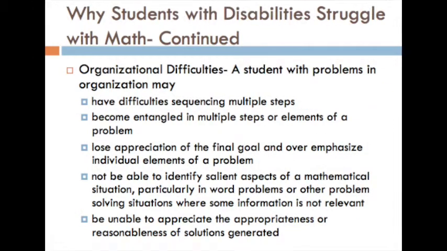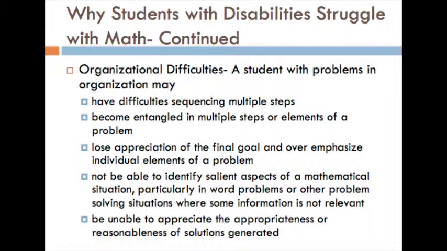Organizational difficulties. A student with problems in organization may have difficulties sequencing multiple steps. They may become entangled in multiple steps or elements of a problem. They may lose appreciation of the final goal and overemphasize individual elements of a problem.